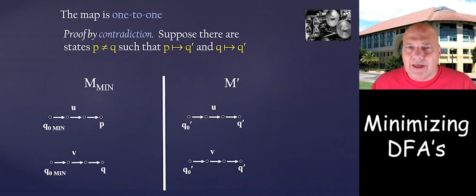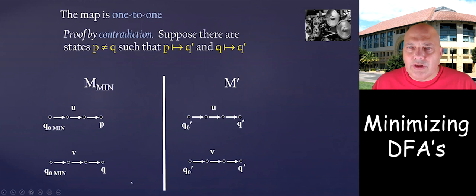And let them be the U and V that made us map P to Q prime and made us map Q to Q prime. So when you read U from Q0 prime, you reach Q prime, and when you read V from Q0 prime, you reach Q prime.